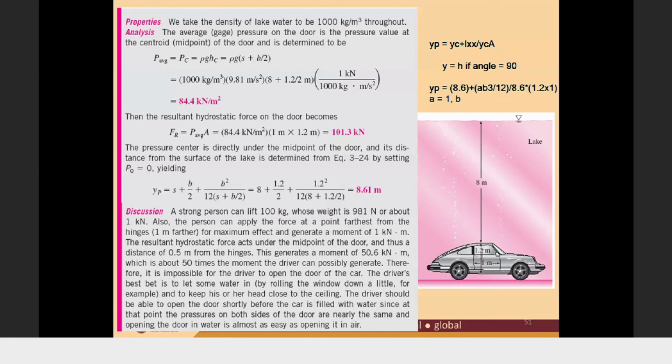B is the vertical, so 1.2. So solve. You got 8.61, 8 point, meter.